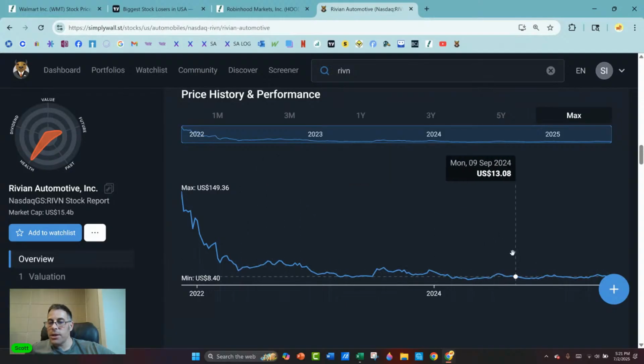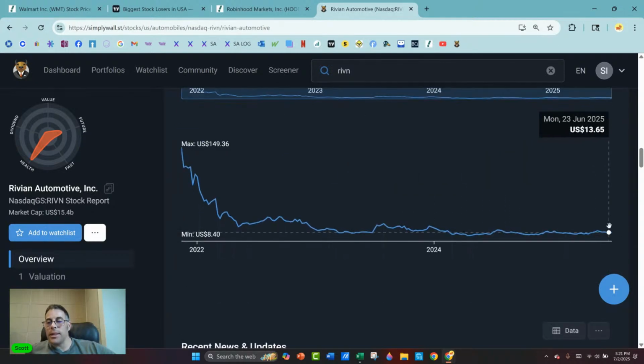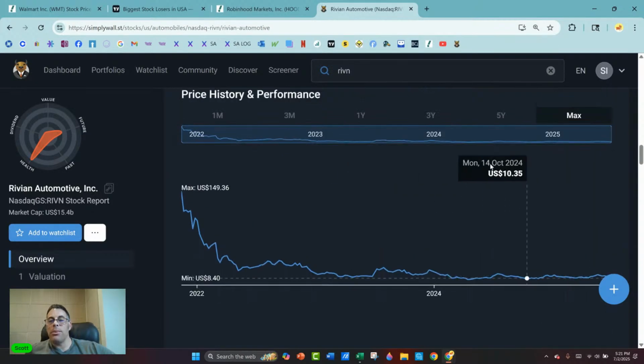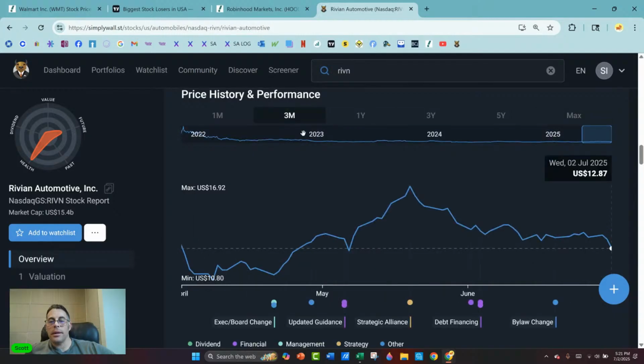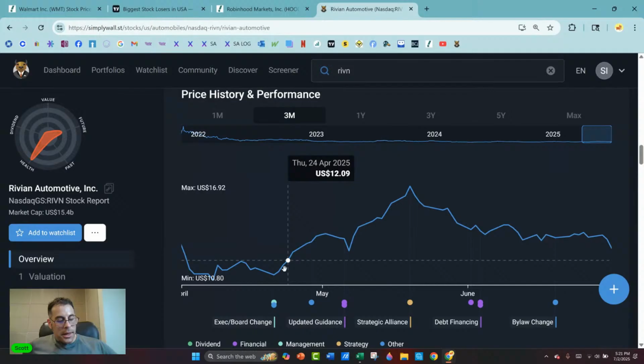Then it hasn't done much since mid 2022. It's pretty much trading sideways. It had some movements here and there, but then it came back down to the teens, and it really hasn't improved too much. You could have got it for $8.40 at the low point. But yeah, it's a garbage stock.